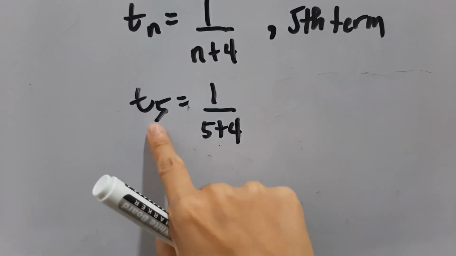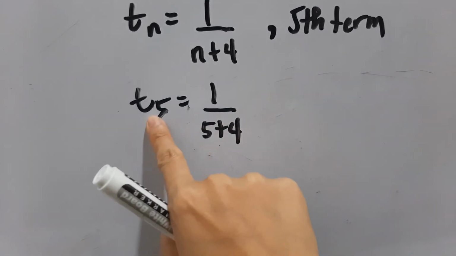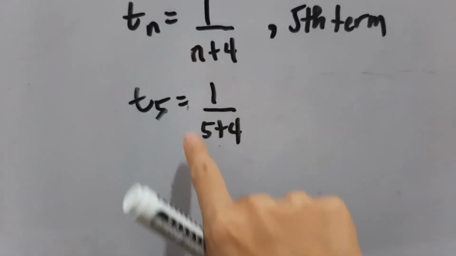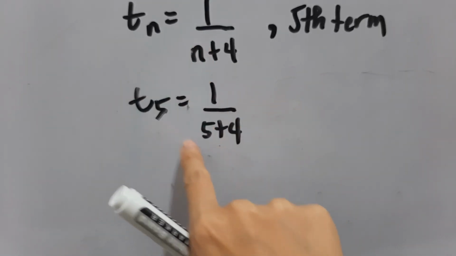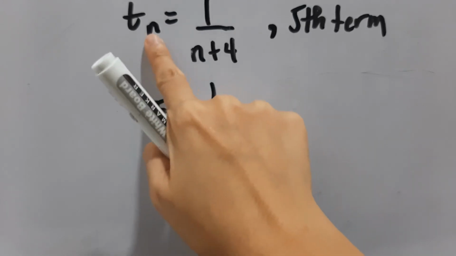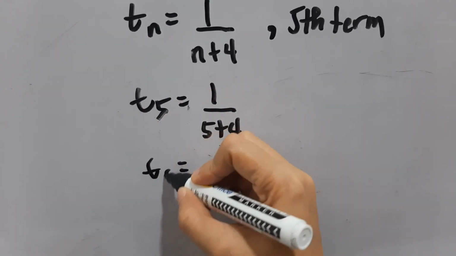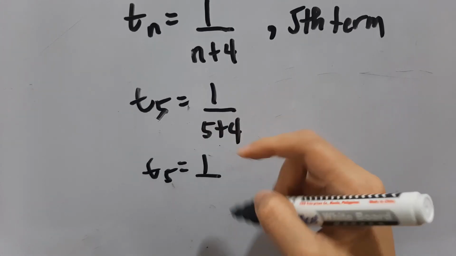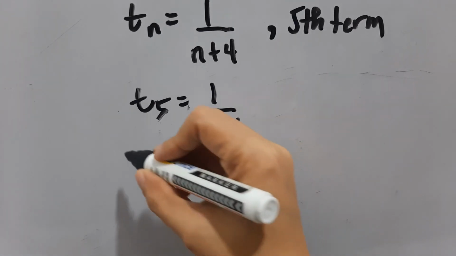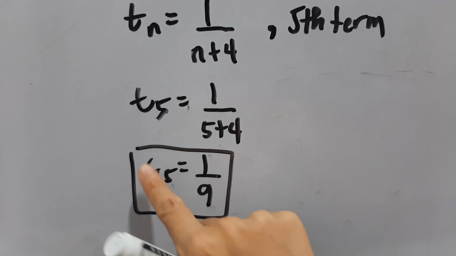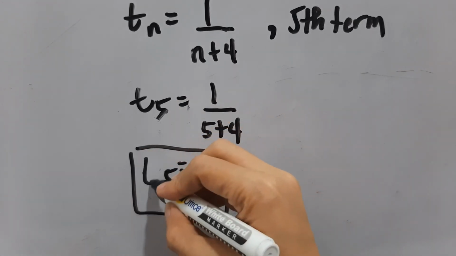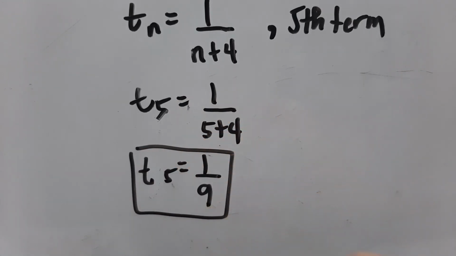Just remember, the subscript and the n are always the same. See, they're always the same. So, the fifth term will be 1 over 5 plus 4 is 9. So, that's it. We have the fifth term, 1 over 9.